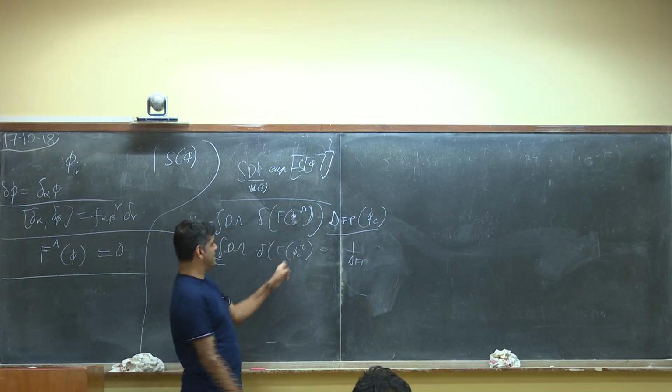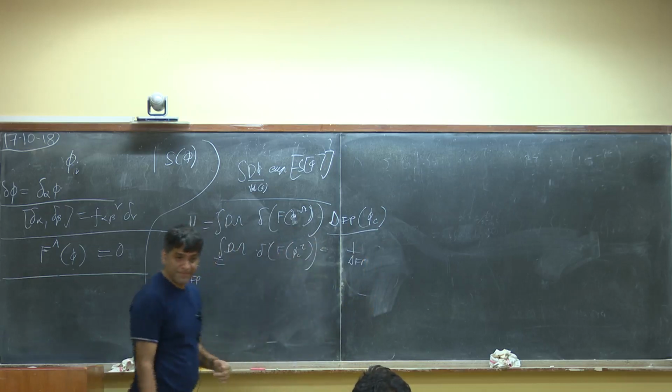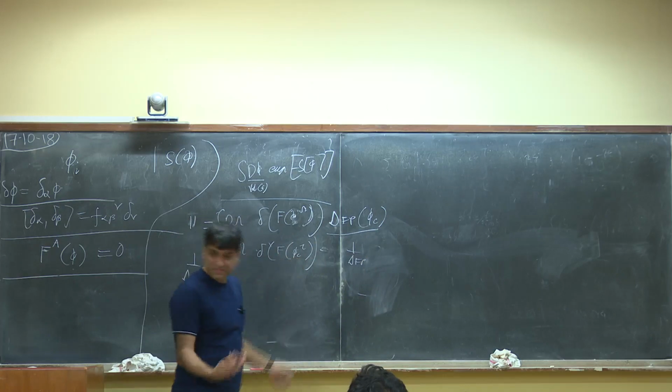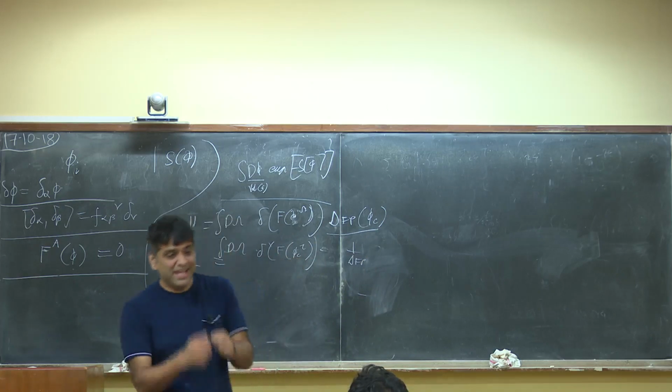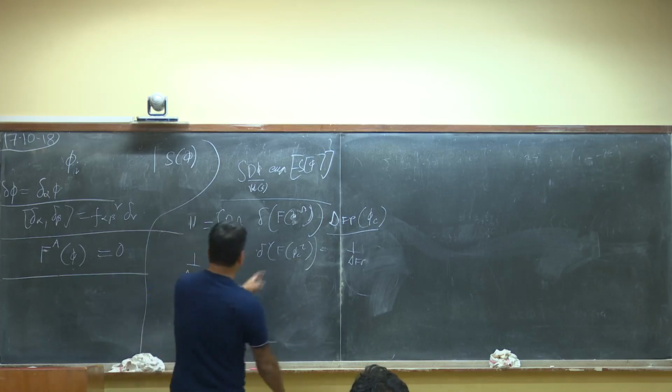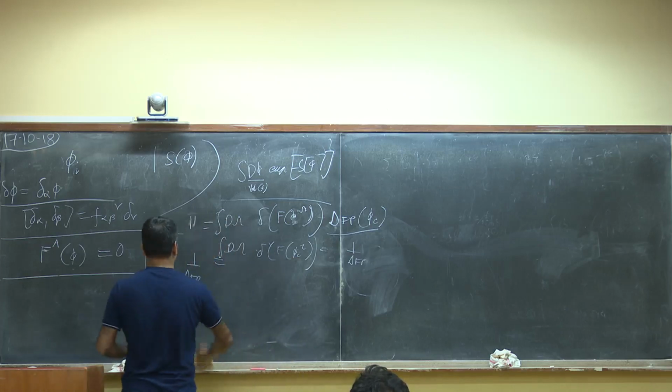Let me just expand this f in a Taylor expansion to first order in omega around the identity. Okay, we know that. Okay, so what do we get?